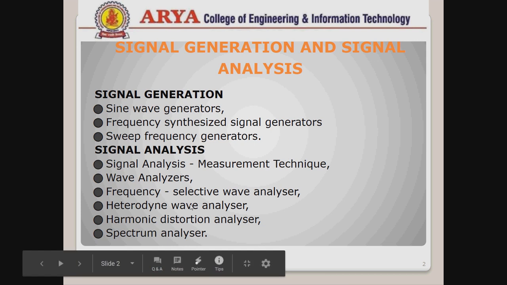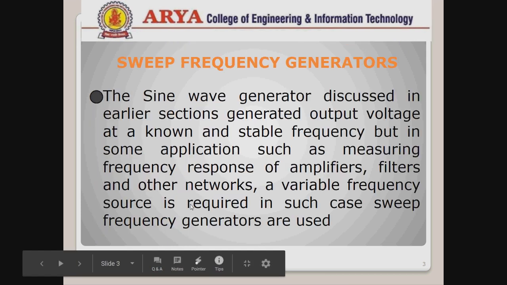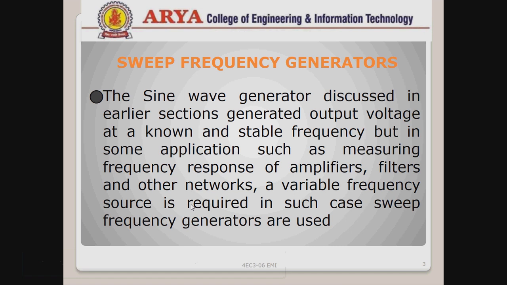Starting with the sweep frequency generators, we already discussed the sine wave generators in previous video lectures, and we know that the output of the sine wave generators is a fixed frequency. But in some applications we require a variable frequency source.